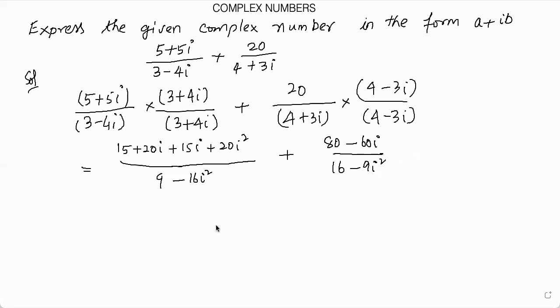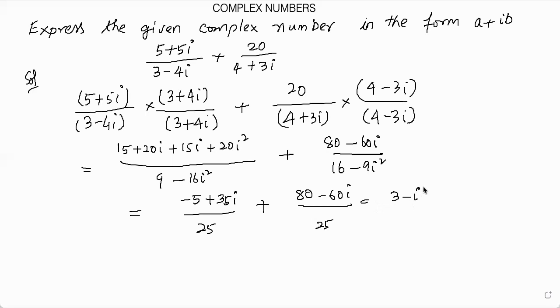Further, if you simplify, this will have minus 5 plus 35i divided by 25, and this is 80 minus 60i. We'll keep it like that because we'll simplify this later. Since the denominator is the same, we can put that together, and then finally get 3 minus i after solving it.